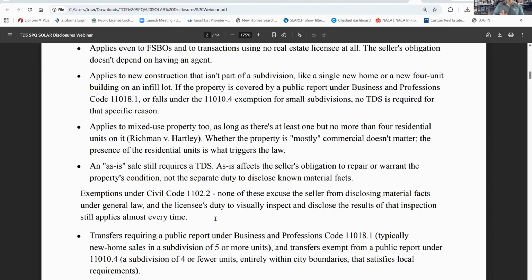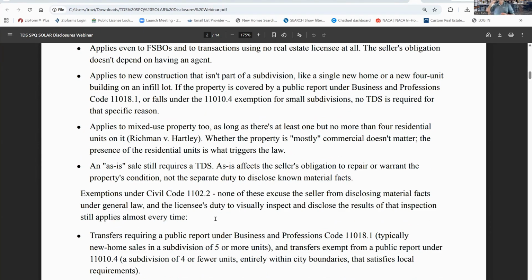An as-is sale still requires a TDS. As-is affects the seller's obligation to repair or warrant the property's condition, not the separate duty to disclose known material facts.